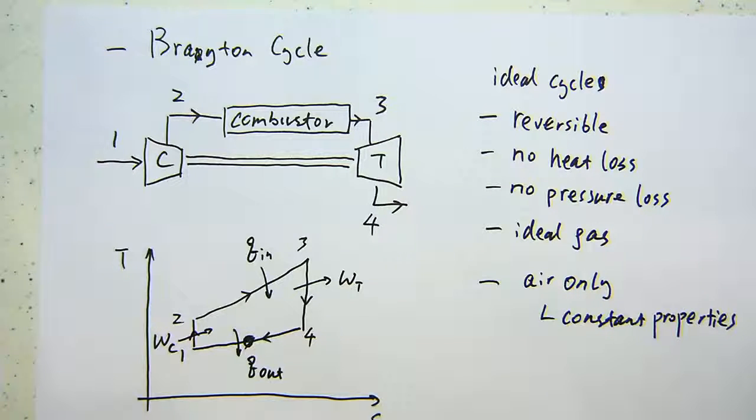And we're only dealing with air as the working fluid, and it is treated as an ideal gas. So relations applicable for ideal gases can all be used, including the ideal gas law and the isentropic relation. And we also consider the air to have constant properties, right?